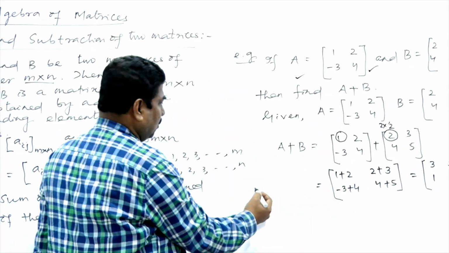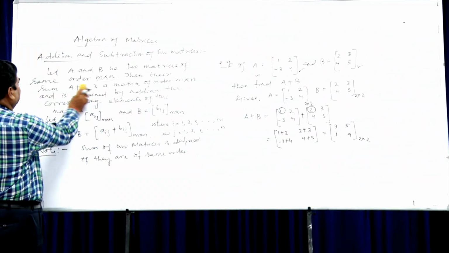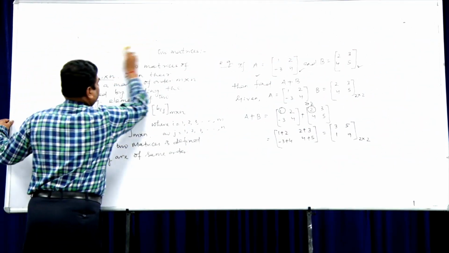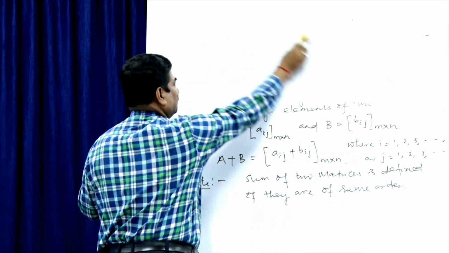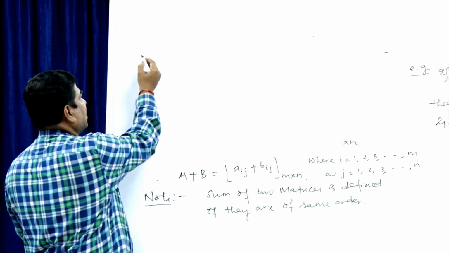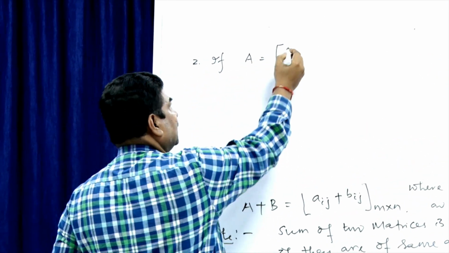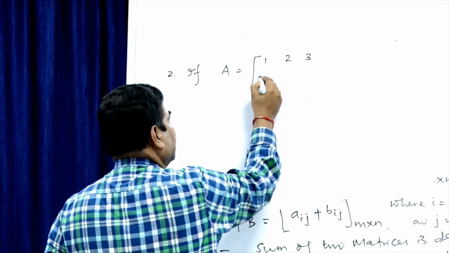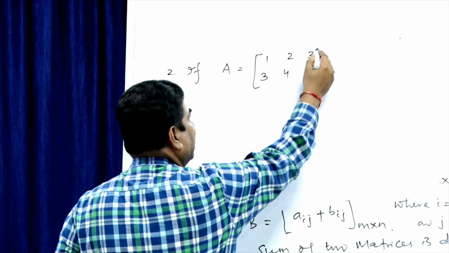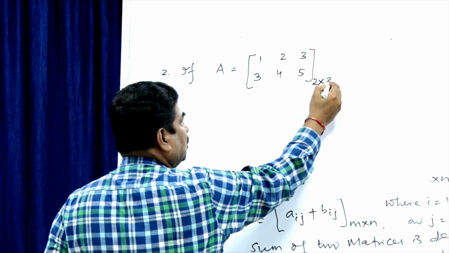Again, take a second example. If A is equal to [1 2 3; 2 3 4 5], here you see this is a matrix of order 2 by 3.